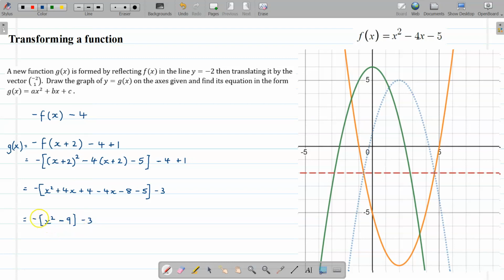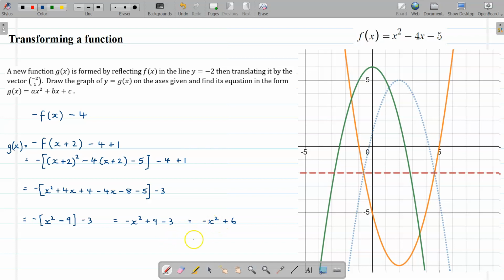Now, if I multiply that bracket throughout by minus 1, that will give me minus x squared plus 9 minus 3, which is equal to minus x squared plus 6. And that is the function g of x simplified.